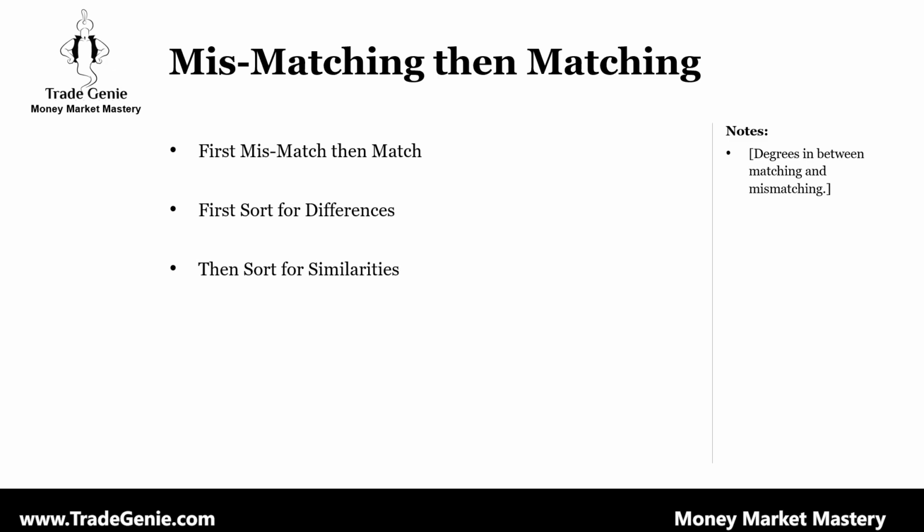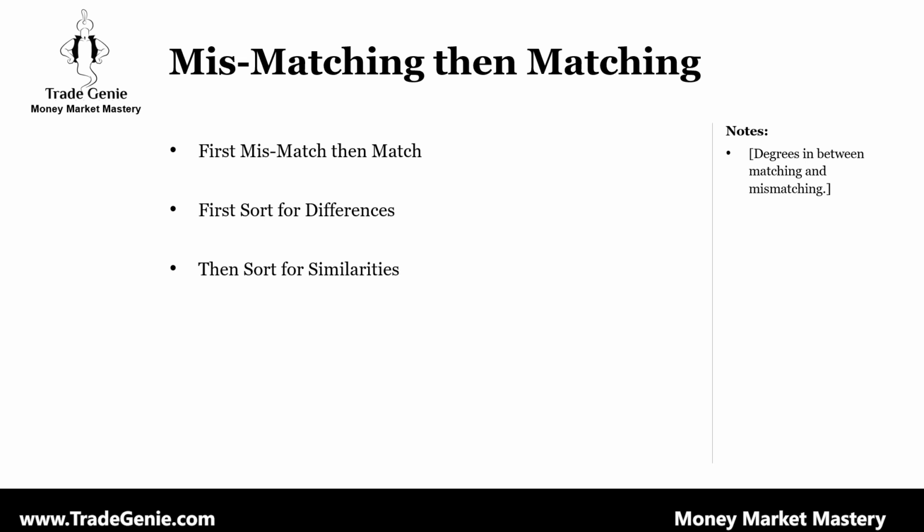And then there are people who mismatch and then match. They look for the differences first, and then sort for the similarities. So maybe you're seeing something and something is not looking right, but there are a lot of things which are looking right. You're immediately looking at what is not looking right.